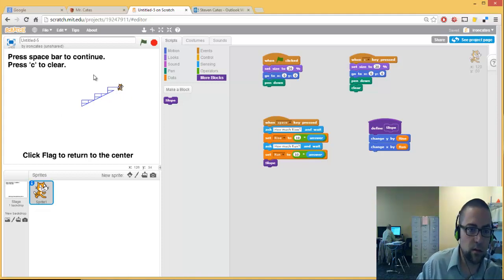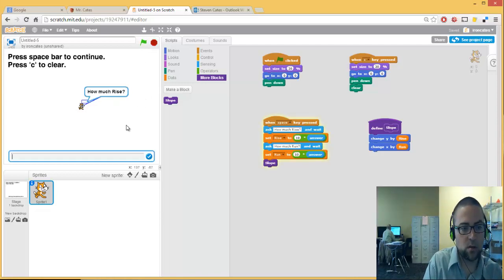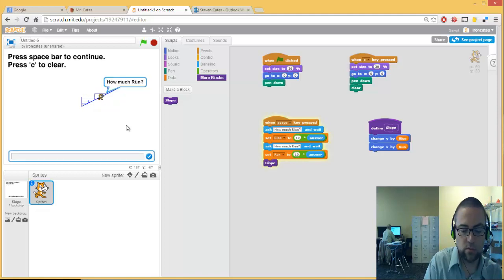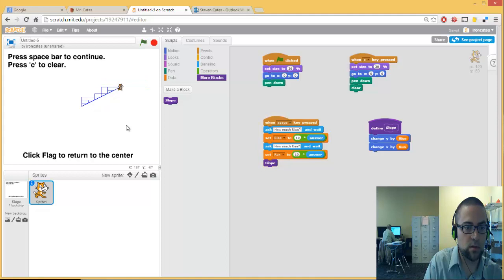And he's up to there, and I'll send him back, hit the flag, to return to the center. And what else could we do? We could do 3, 6, right? Spacebar 3, 6. Spacebar 3, 6. And you can see that he's still on the same line.